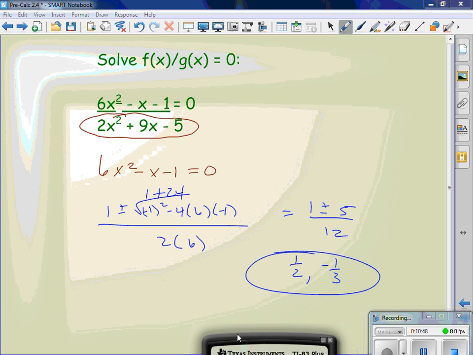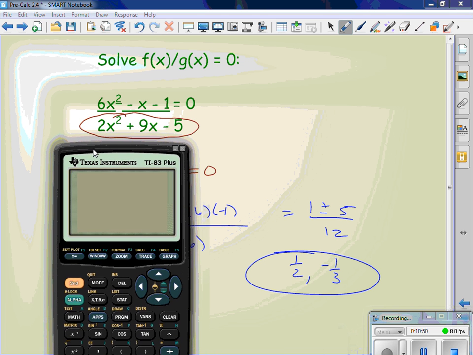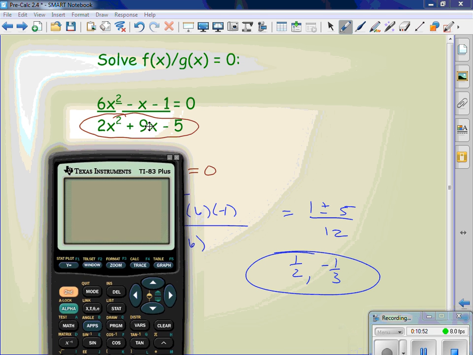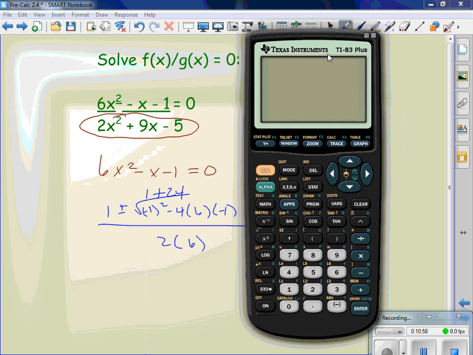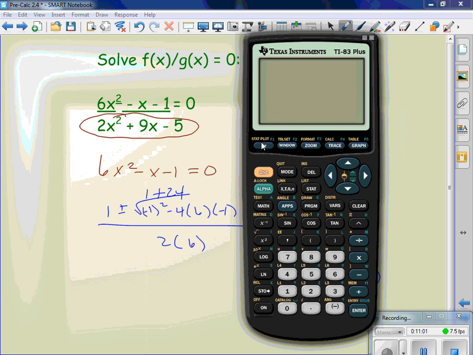I can go and do the graphing part. Some of you aren't doing the graphing. Okay, we need to worry about if one of these numbers gets me equal to 0. Okay, if I graph, I have to turn it on first. Graphing it. x squared minus x minus 1.